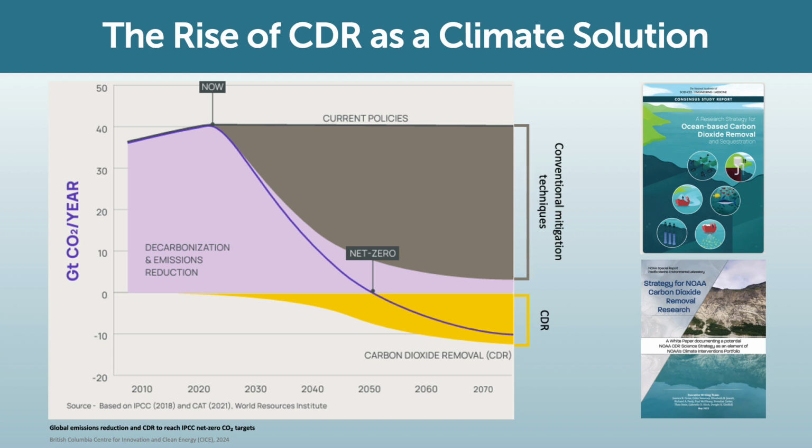Both of these reports explore what we know about mCDR, as well as what questions, which are many, still need to be answered. In the next few slides, I'll be drawing on these reports and other sources to look at 6 different mCDR methods, touching on their scientific and technical maturity, knowledge gaps, environmental, social, and environmental justice concerns, and regulatory needs that should be addressed prior to deployment.